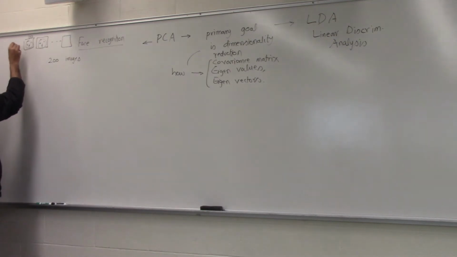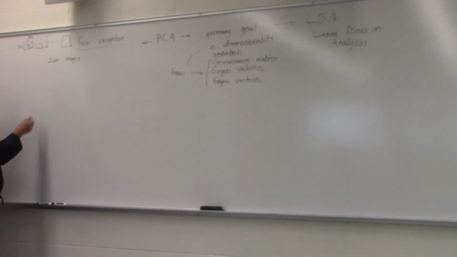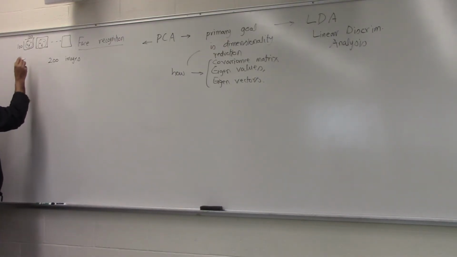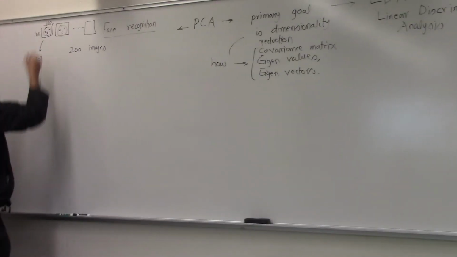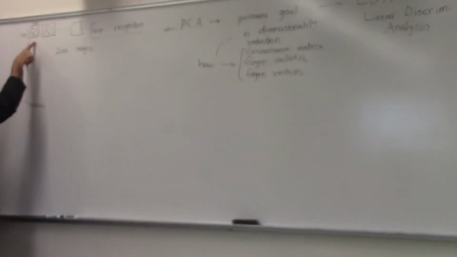The first thing we do is convert each image to a vector by picking the pixels in each row. So 100 by 100 translates to a 10,000 by 1 vector, correct?